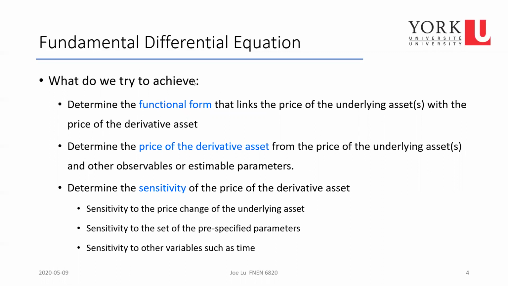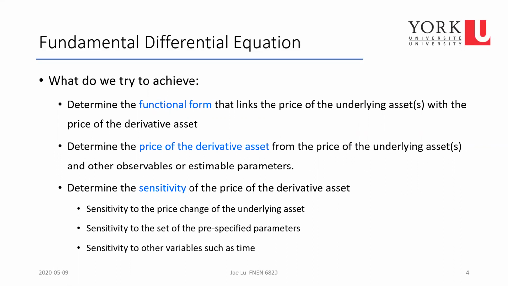Now, what do we try to achieve once we have those things? Well, our ultimate goal is really to have a functional form. This functional form links the price of the underlying asset and a bunch of other parameters to the price of the derivative asset.